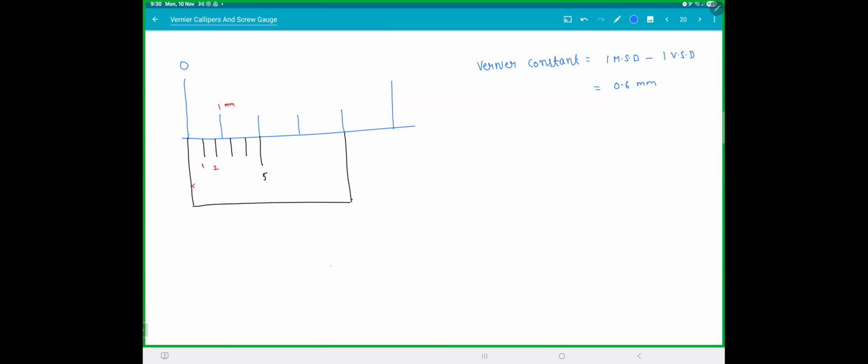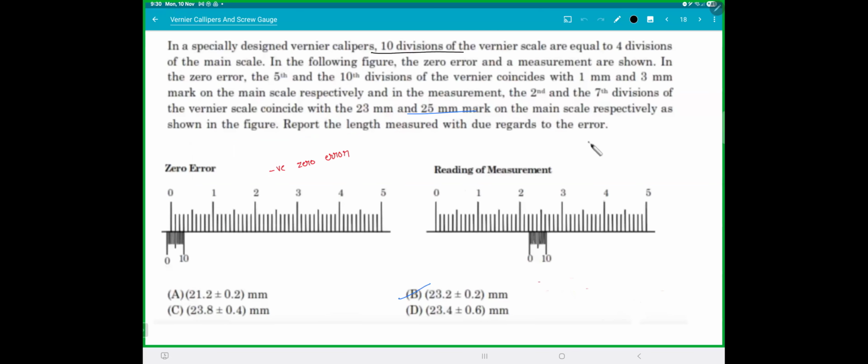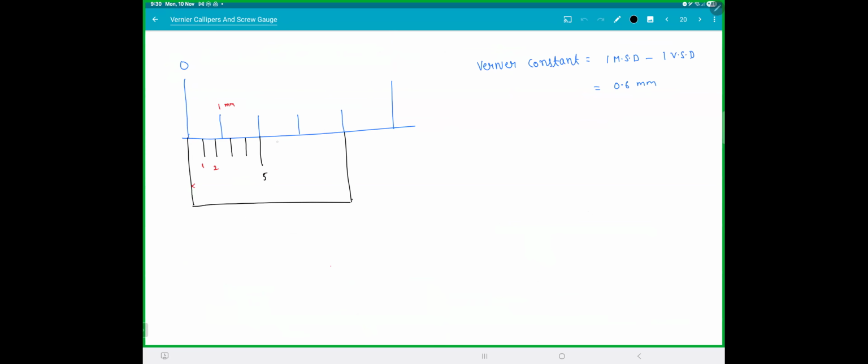Okay? Now listen to the picture. Look at the picture here. Same story. 10 divisions of Vernier match with 4 divisions of main scale. So 10 divisions are matching with 4. So that means 5 divisions will match with 2 mm. Agreed? So what is the length of one Vernier scale division?